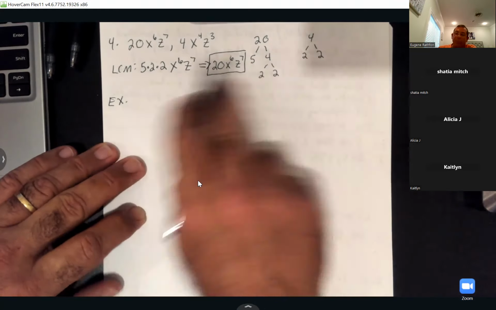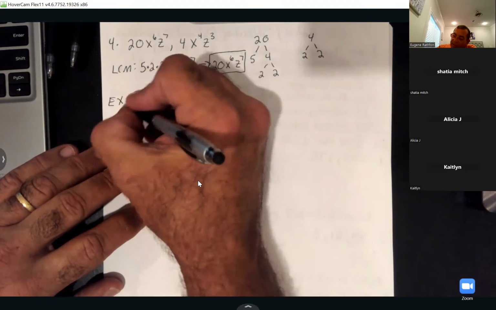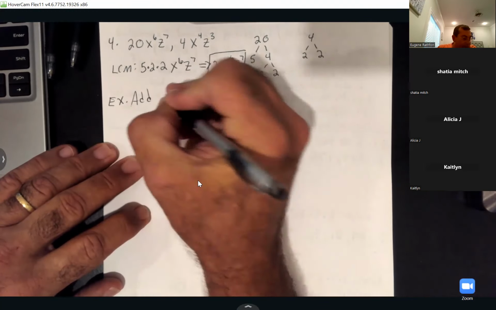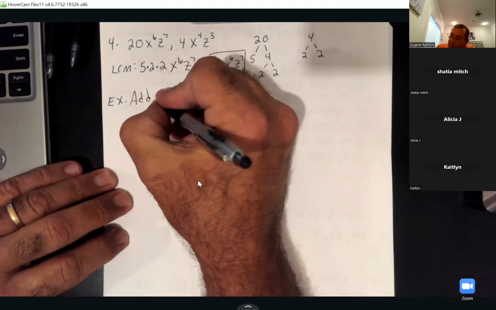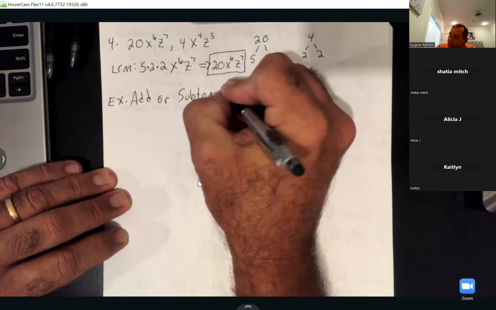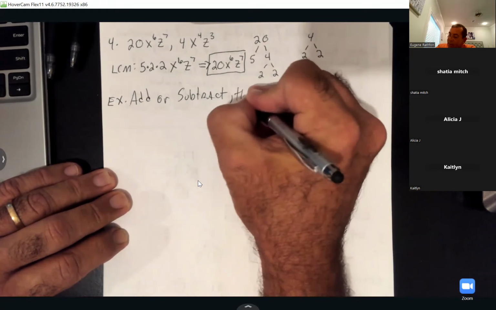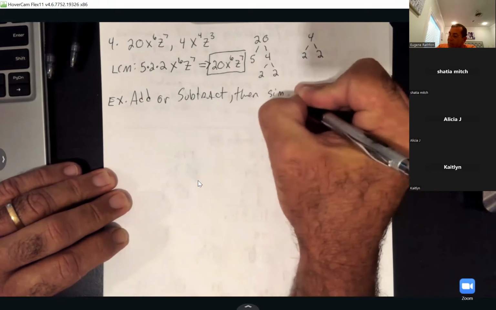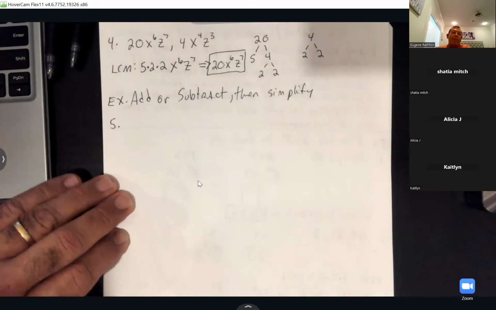All righty, so the reason we had to find least common multiples is so we could add or subtract. So these next examples will say, and let's see, I think there's only a couple of these, add or subtract, then simplify. So this will be my number 5.